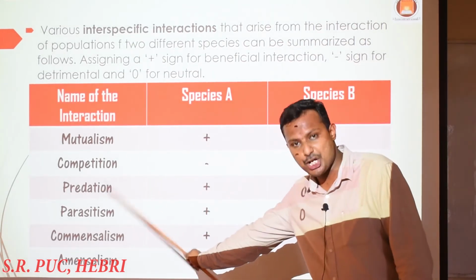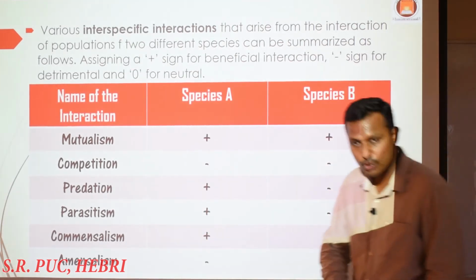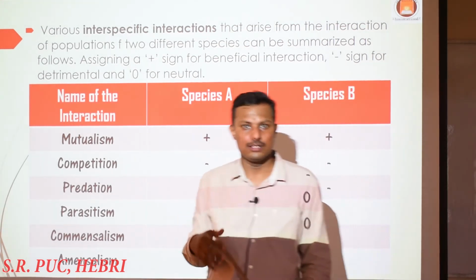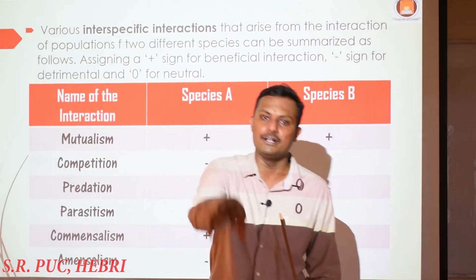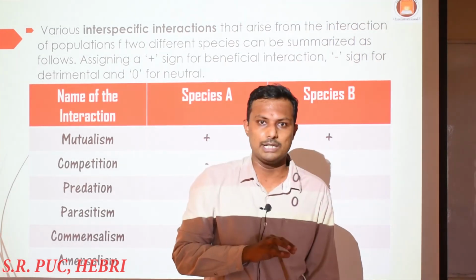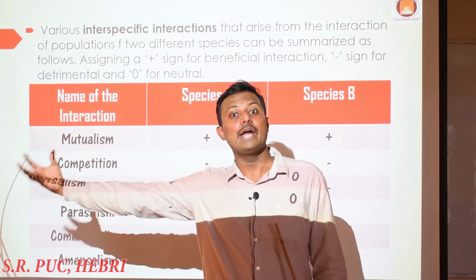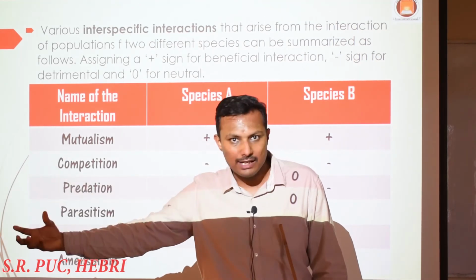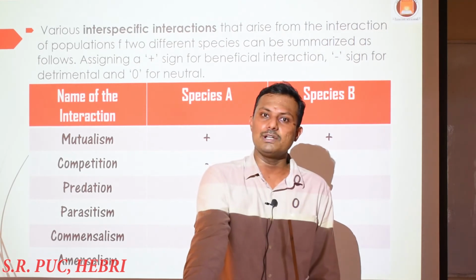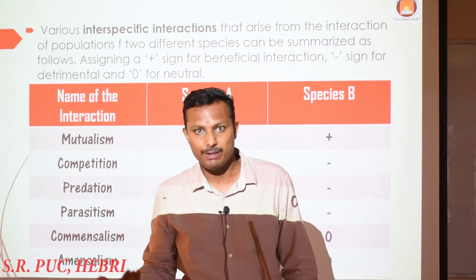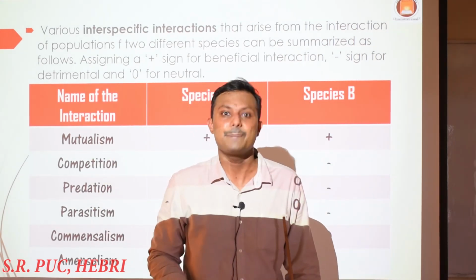Then predation, which means attacking smaller animals. Usually the bigger animals in the forest, in the wild, feed by attacking other smaller animals. The big animal which attacks the smaller one is the predator, and the smaller one which gets attacked by the predator is called the prey, right?